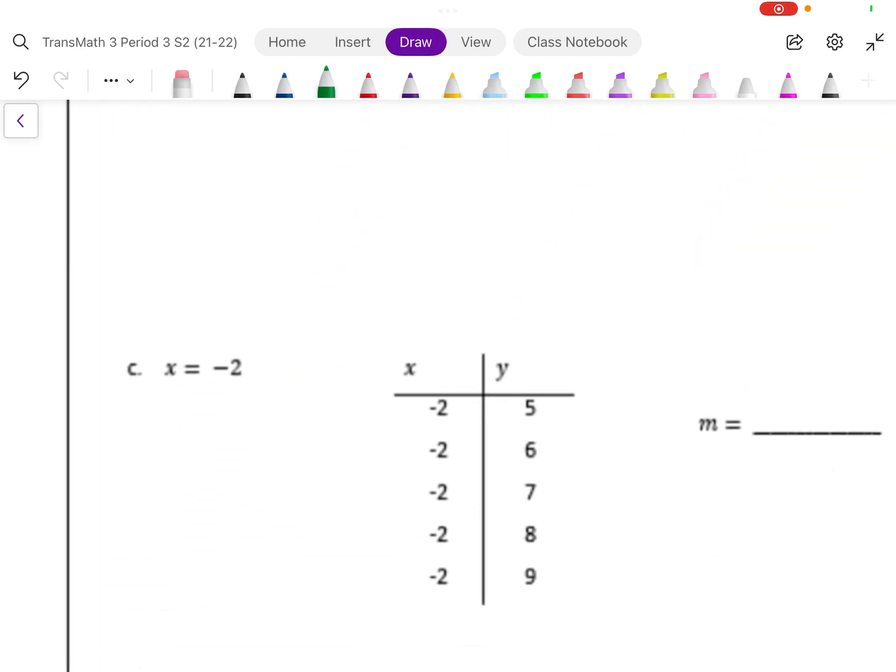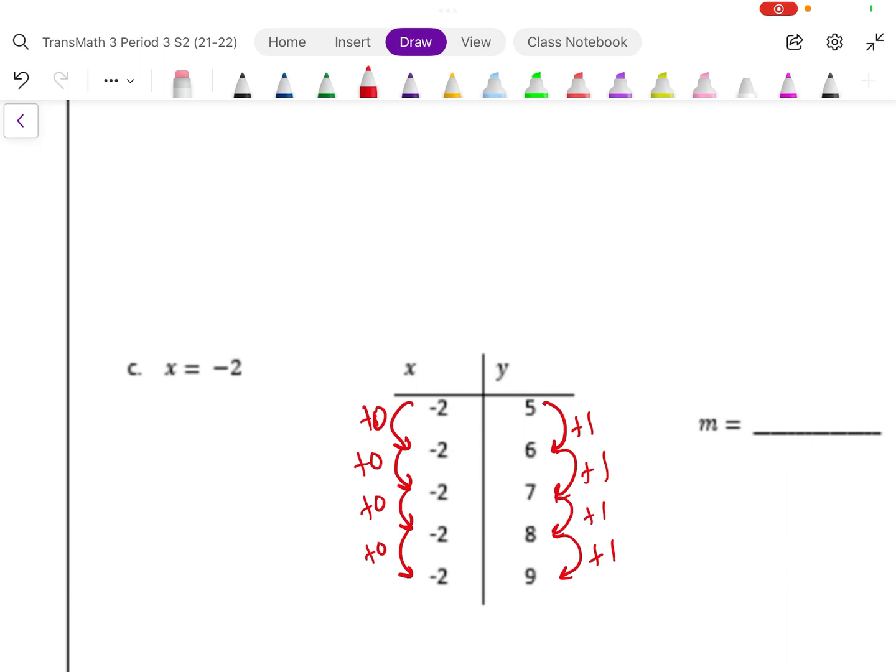So when I go here, 5 to 6, we're adding 1, plus 1. That pattern follows all the way through the table that we have here. And the pattern that we have for our x's, it's not changing, so plus 0, plus 0, plus 0, plus 0.